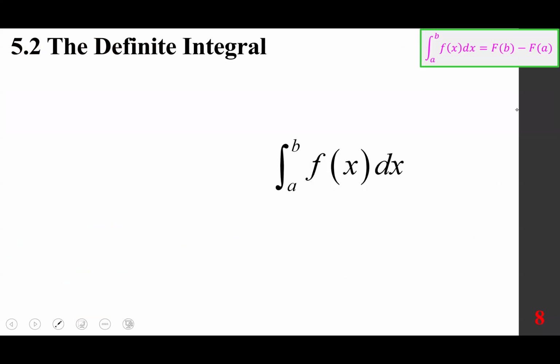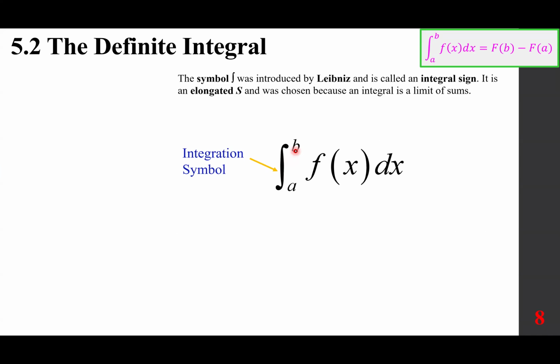So let's see what we are dealing with here, class. The integral from a to b of f of x dx, this is the definite integral. And what does it mean? Let's look at each piece. This is the integration symbol. As you recall, the symbol was introduced by Leibniz and is called an integral sign. It is an elongated S and was chosen because an integral is a limit of sums.